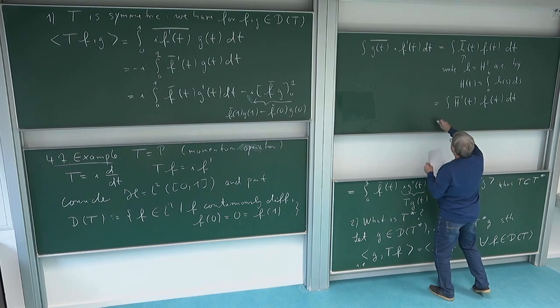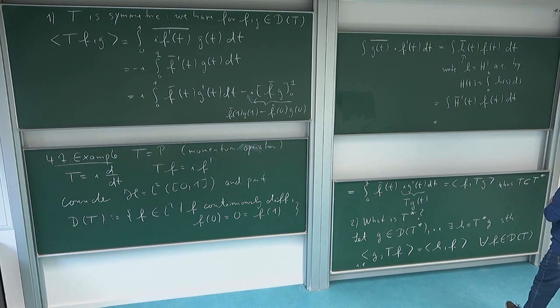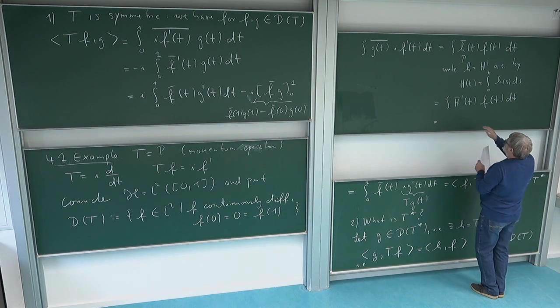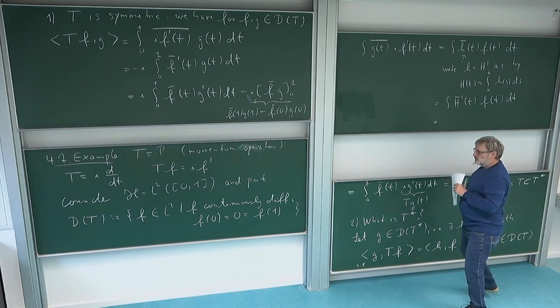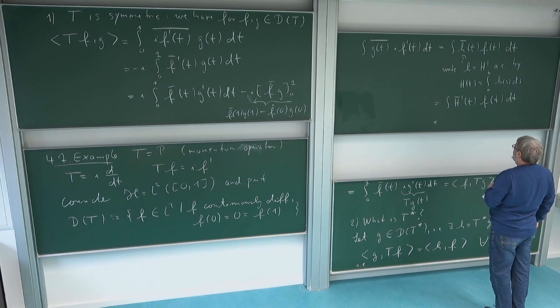But here I'm just using the fact that this H is absolutely continuous, which means in particular that also H times f is absolutely continuous, because f is nice anyhow, so I can use the partial integration here.